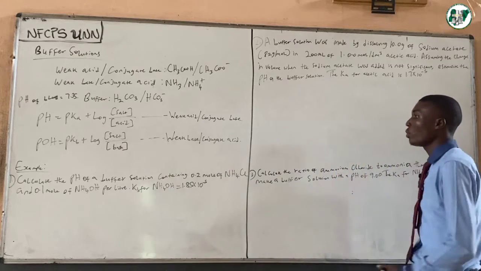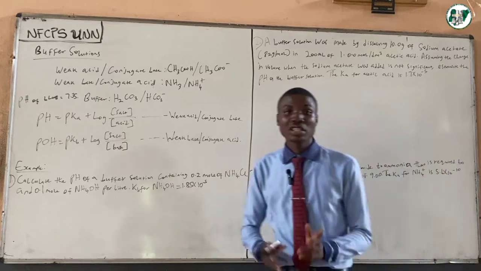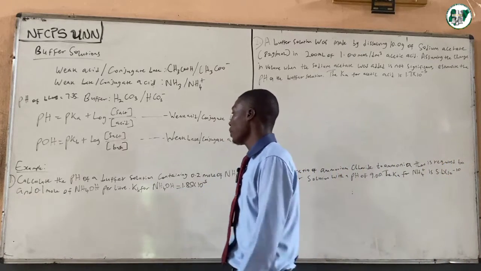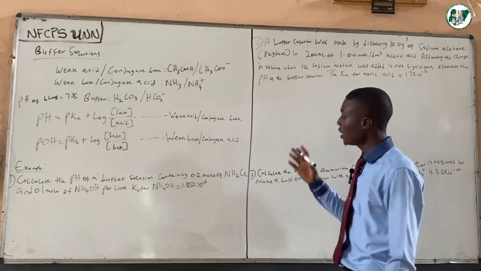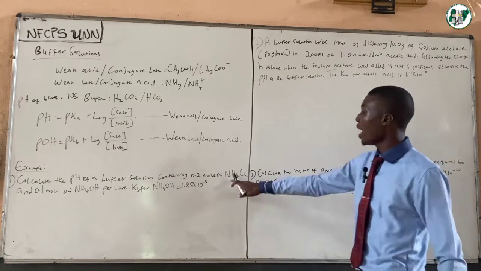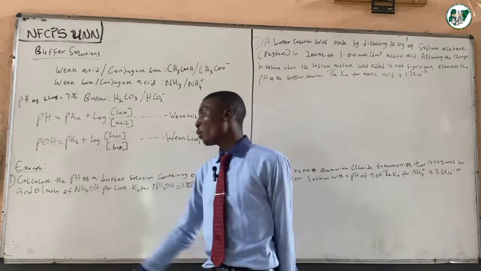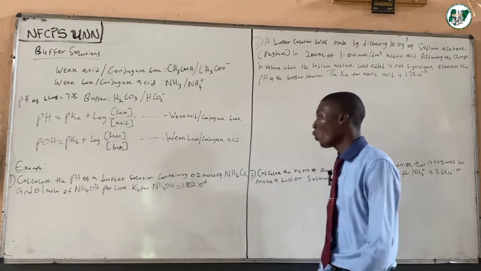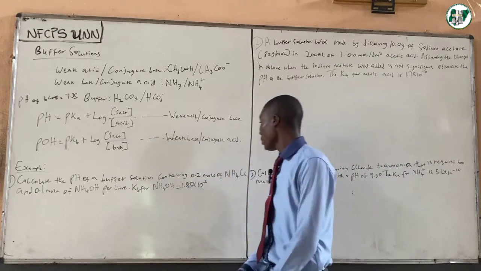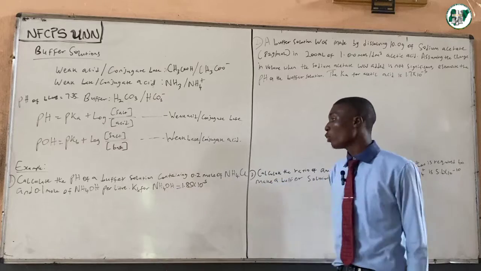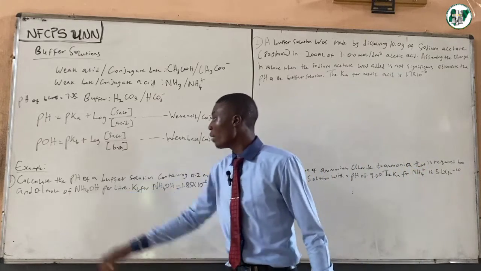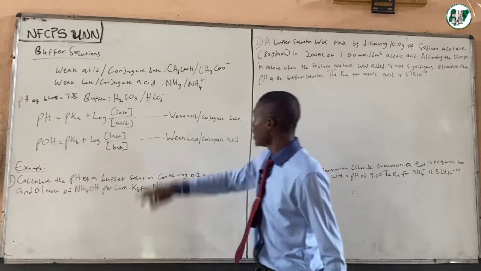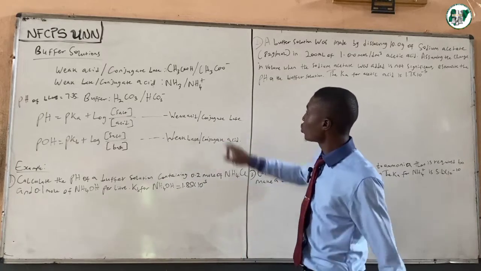Let us walk through some examples. The first example says: calculate the pH of a buffer solution containing 0.2 mole of NH4Cl and 0.1 mole of NH4OH per liter. So we have ammonium chloride and ammonium hydroxide. This is a weak base, and this shows you the conjugate.